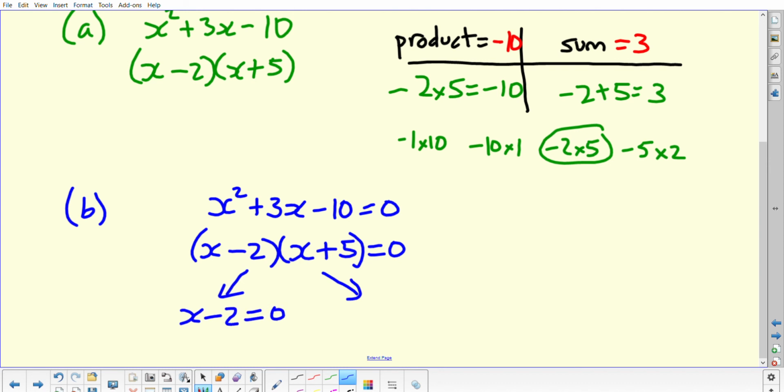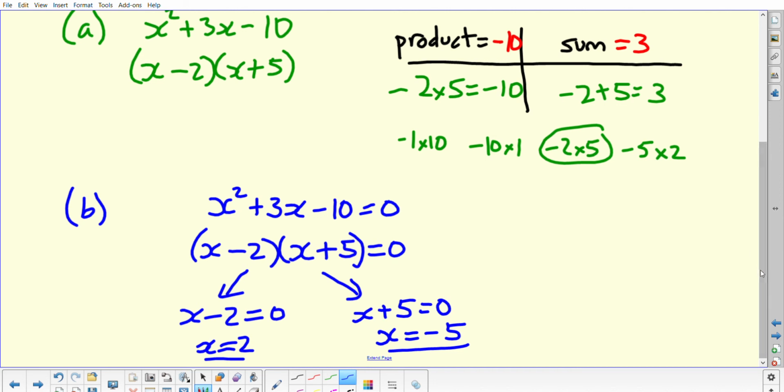So you've got x minus 2 equals 0, so we're going to have x equal to 2, and this one's going to give us x plus 5 equals 0, and we get x equals negative 5. And that's it.